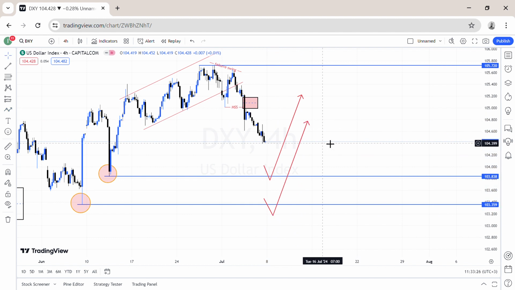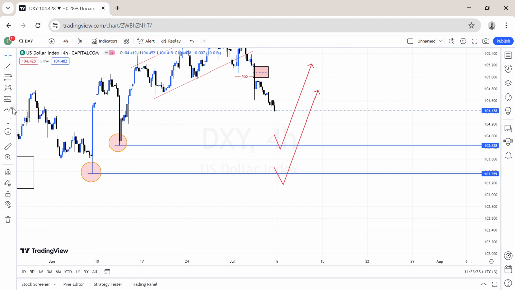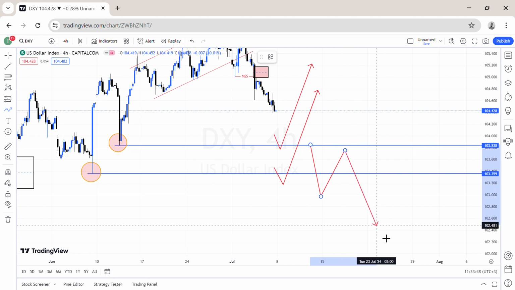Or it can tap this zone and displace downwards, displace, then pull back and find resistance there, and then maybe continue downwards.